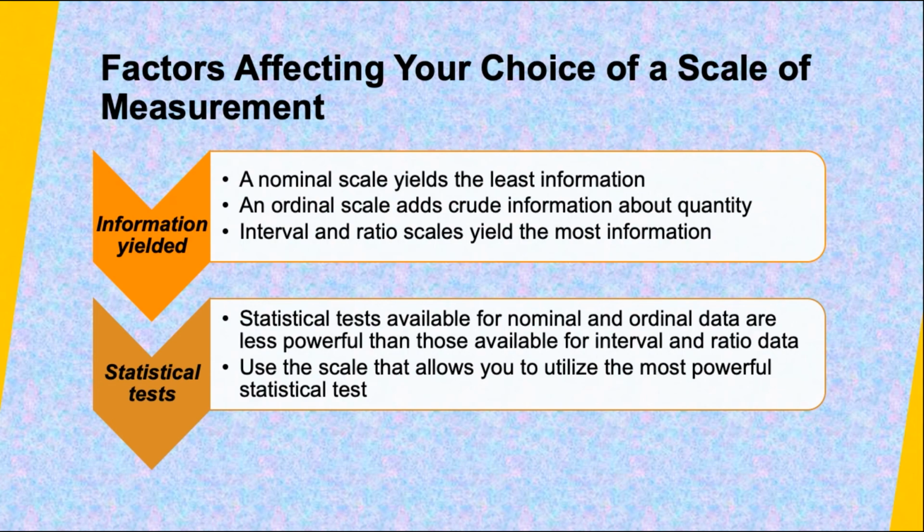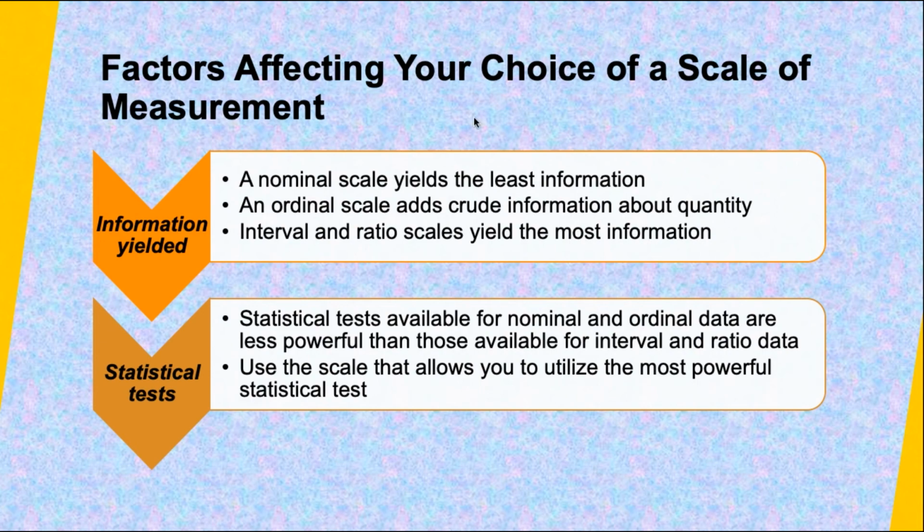You can rank the order of the values. The interval scale refines the measurement of a quantity by indicating how much the values differ. Finally, the ratio scale indicates precisely how much of the quantity exists. When possible, you should adopt the scale that provides the most information.